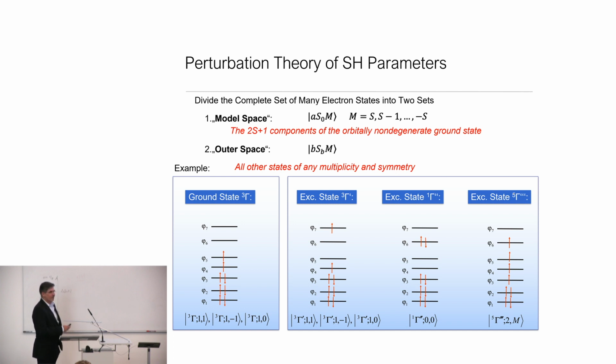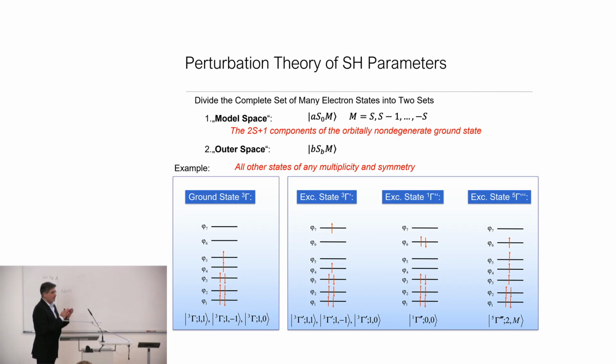Let's assume that we have solved the Born-Oppenheimer equation exactly, and we know all of these excited states. So let this be our electronic ground state. That's in this case a triplet state with its 3 triplet components, and then we have all of the excited states, where we moved our electrons around, etc., and we have solved it.